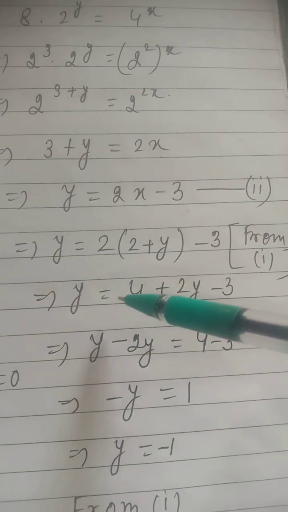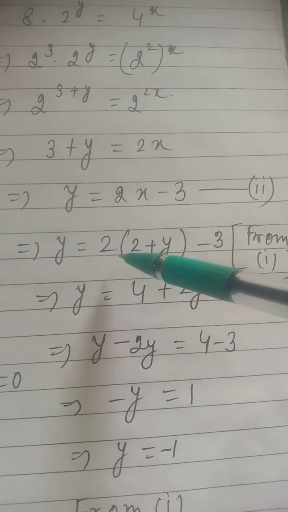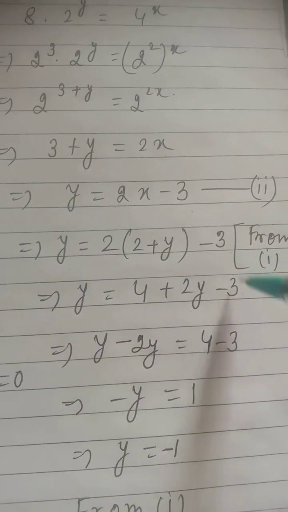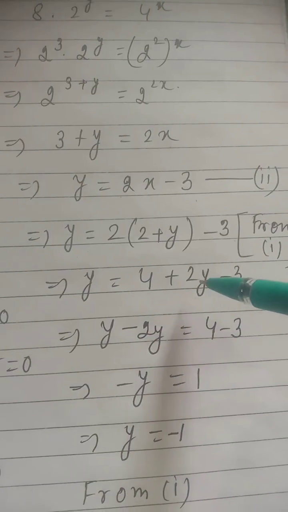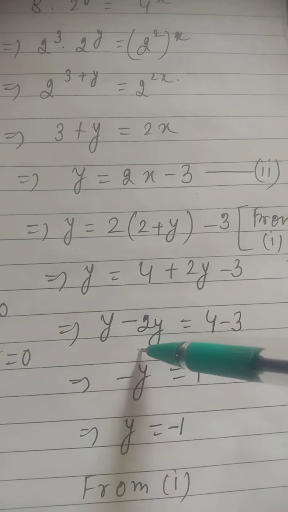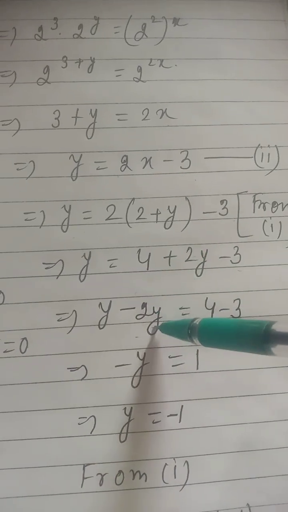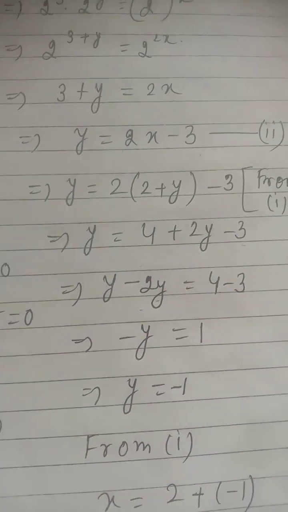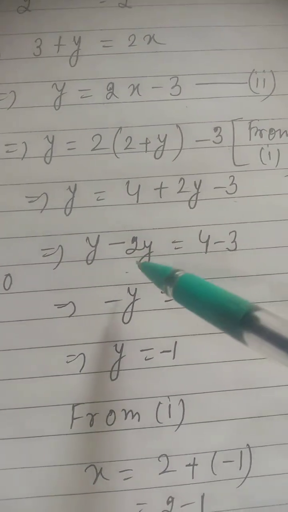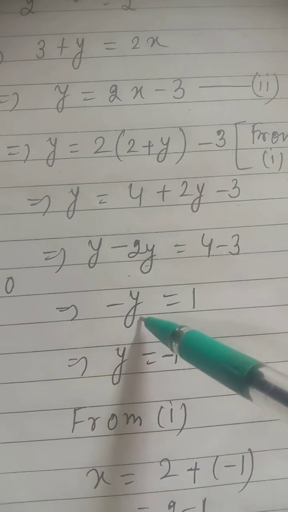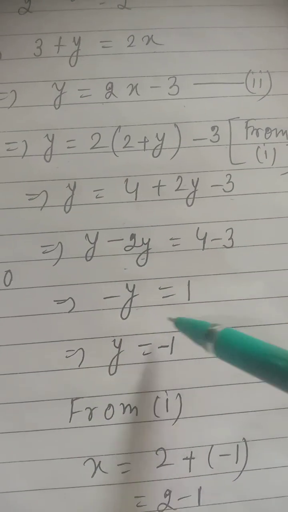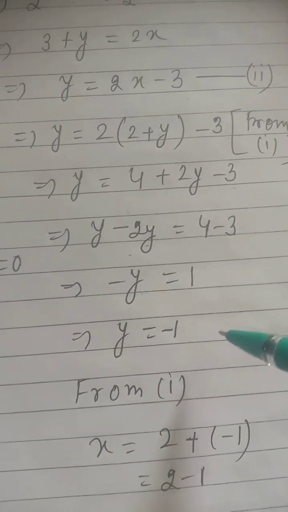So this implies y equals 2 2s are 4 plus 2y minus 3. Now simplify: y minus 2y equals 4 minus 3. This 2y has come to this other side, so side change, sign change. So now y minus 2y means it's minus y equals 1. So y will be equal to minus 1.